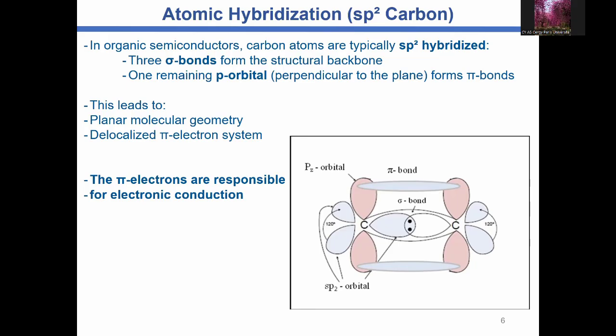And with low energy, we have this pz orbital, because in terms of energy, you take sp2, and with low energy, pz. So the carbon has this pz remaining orbital that has low energy.